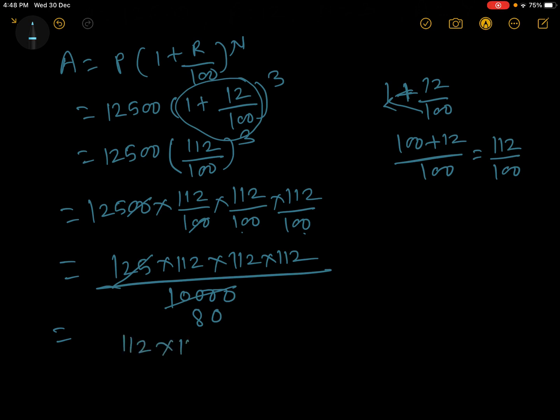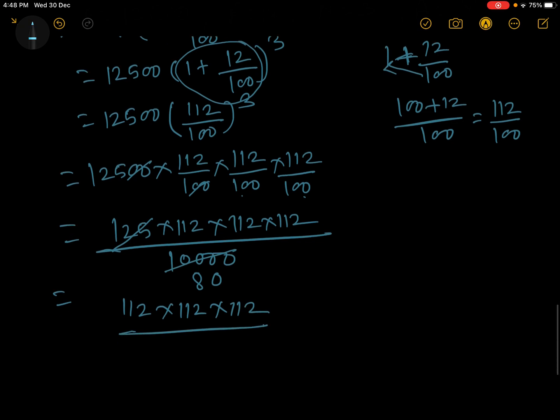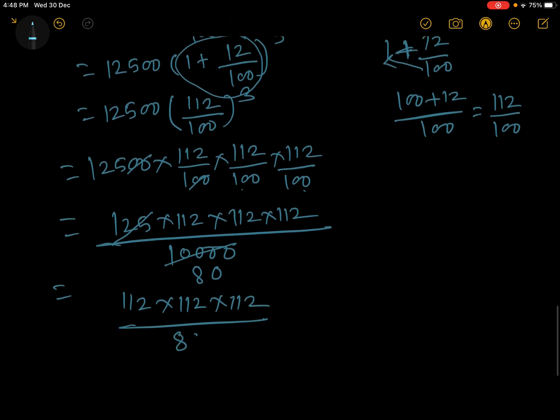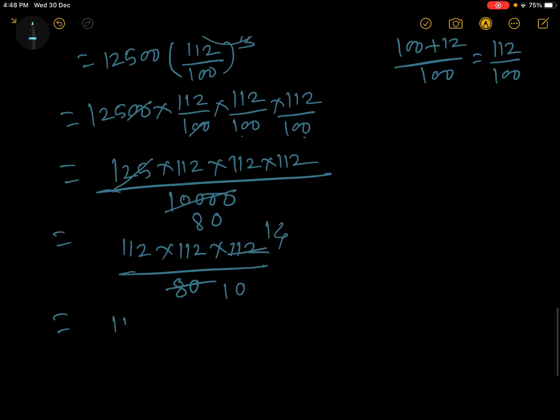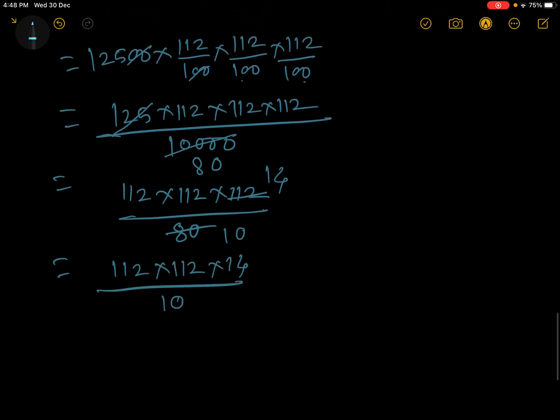Then 112 into 112 into 112 divided by 80. Then we again divide 112 by 80. We'll get 14 upon 10. It is 112 into 14 upon 10.